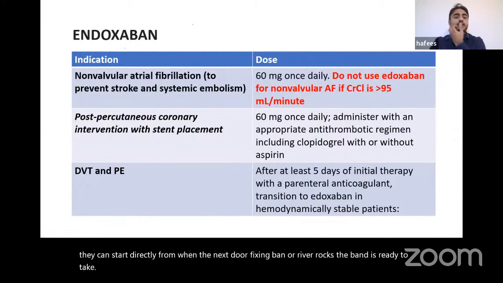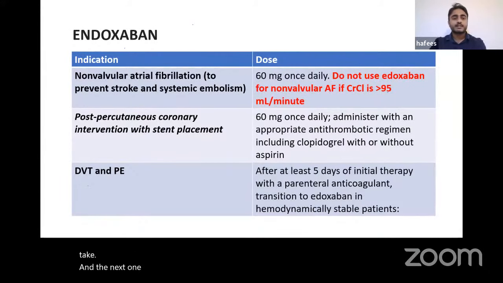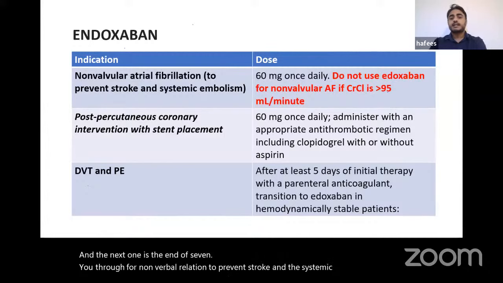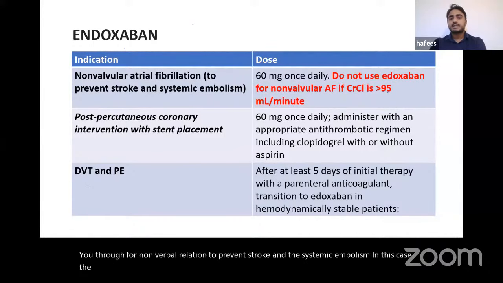And the next one is edoxaban. It's used for non-valvular atrial fibrillation to prevent stroke and systemic embolism. In this case, the recommended dose is 60 milligram daily.